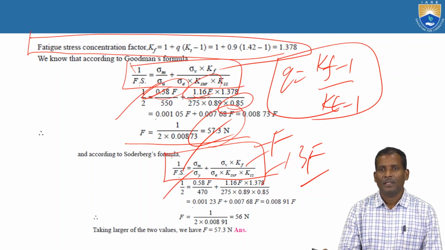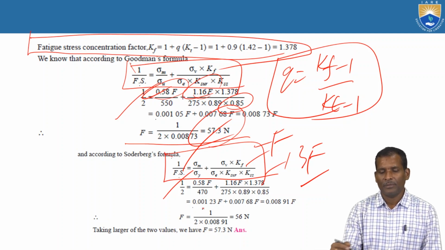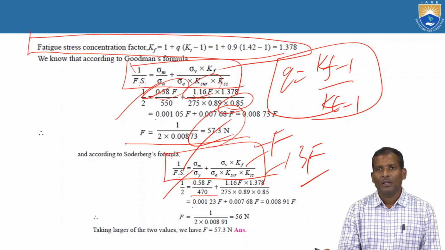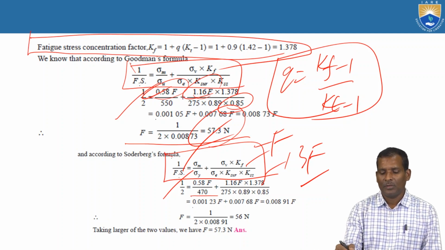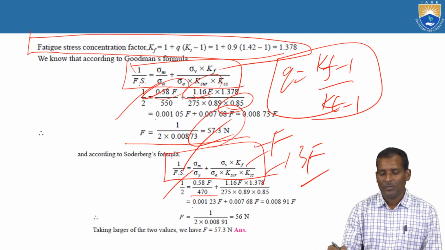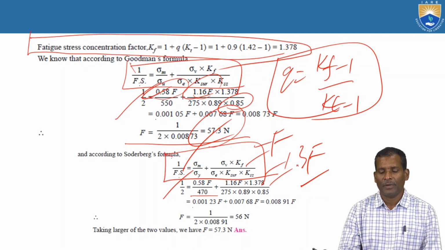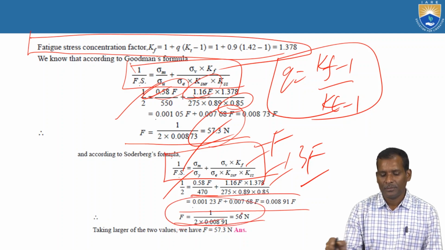Factor of safety value is 2, the mean bending stress is 0.58F by 470, which is the sigma y value, and 1.16F is the variable stress value, with the fatigue stress concentration factor, surface finish factor and size factor. Substitute all values here, and finally we get 56 newtons.